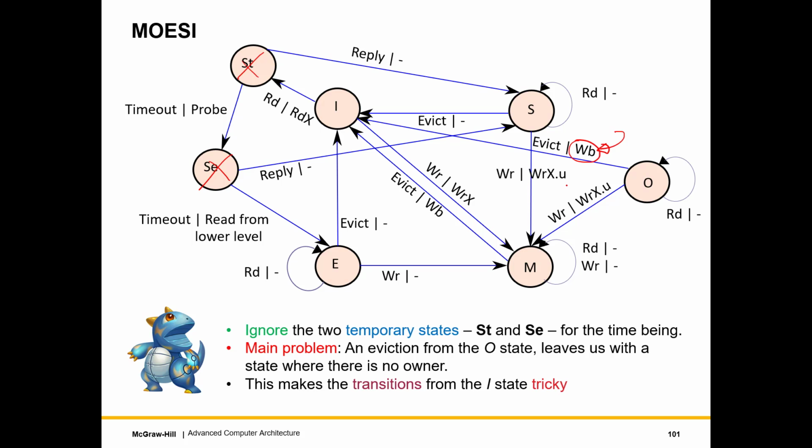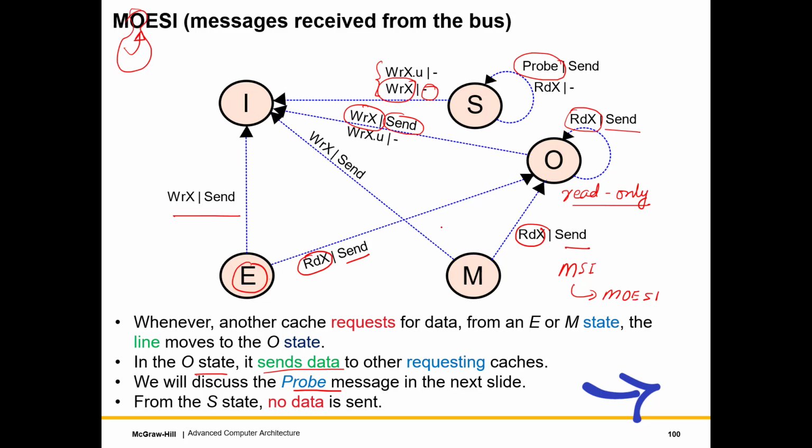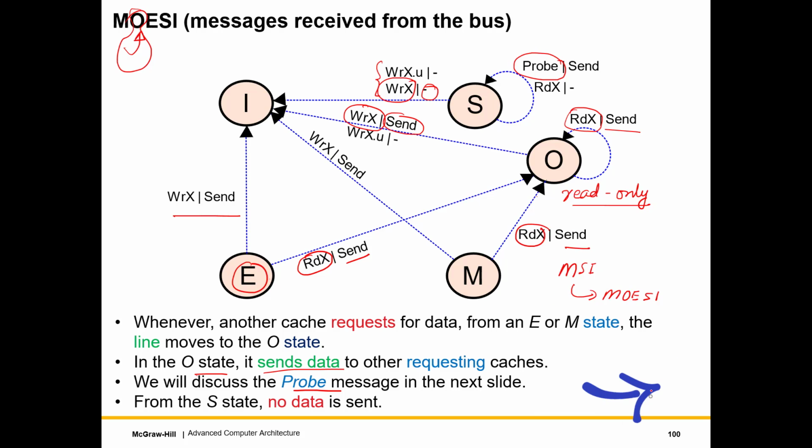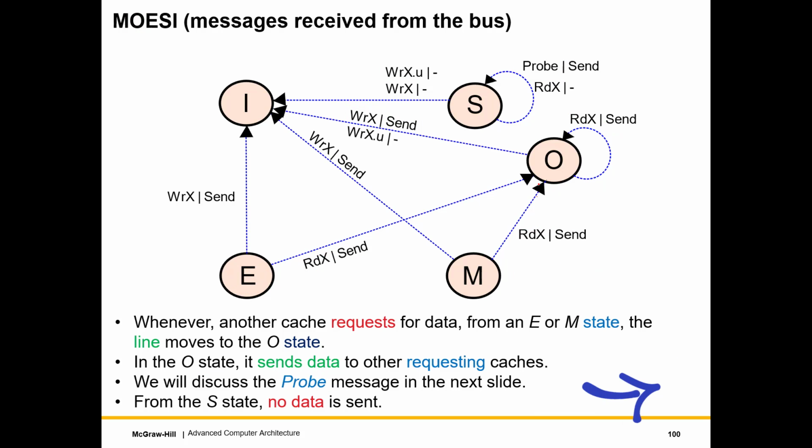The reason it is required is that we transition to the O state from an M state, as you can see in the previous slide, and there no write back is being done.